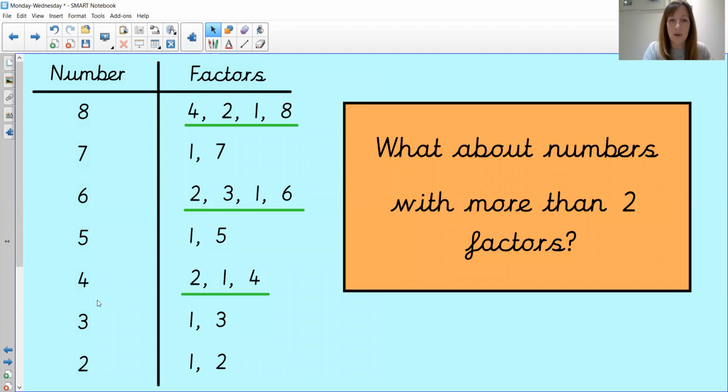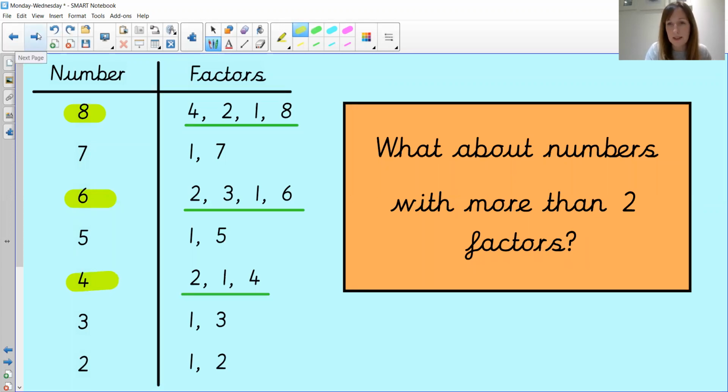So yesterday we looked at prime numbers and finding out what prime numbers up to 20 were. But what about these other ones? So we've got here, oh, not 7, that was our prime number. We've got 8 that has more than two factors, 6 has more than 2, and 4 has more than two factors.